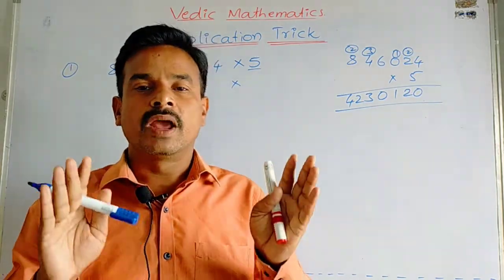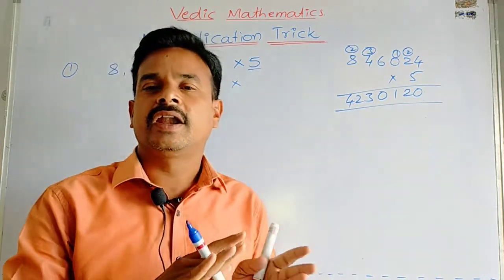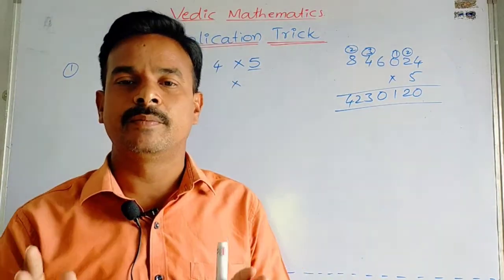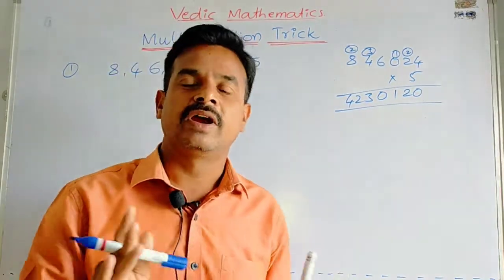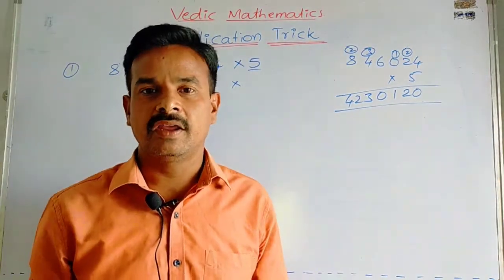But by using division, we can write 10 divided by 2. Of course, the first one is 5 divided by 1, and 10 divided by 2, 15 divided by 3, 20 divided by 4.